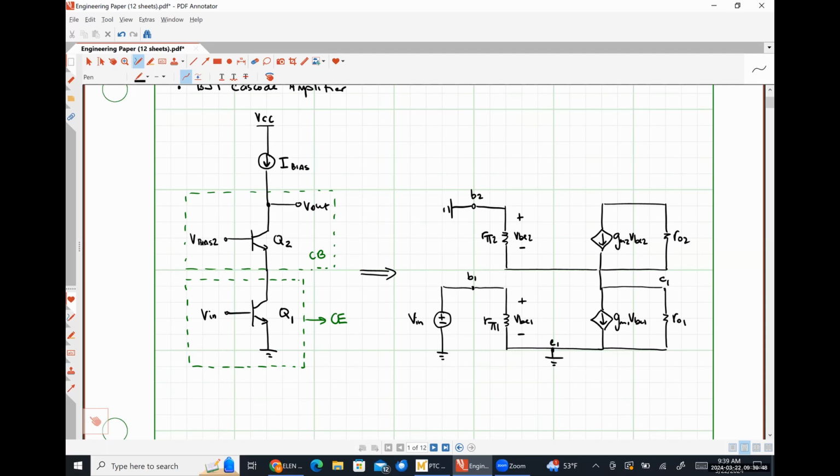I'm going to tie these together. So effectively, the emitter of transistor 2 is tied to the collector of transistor 1. Here's my collector for transistor 2.